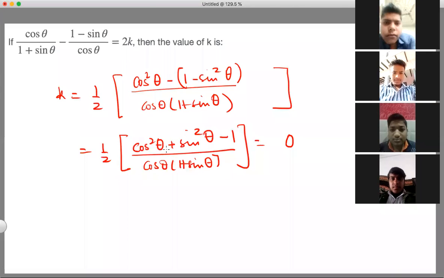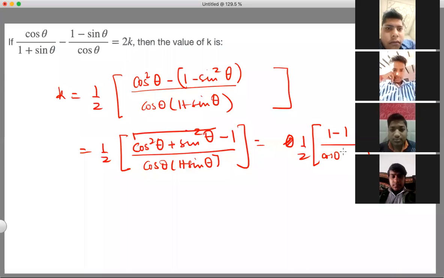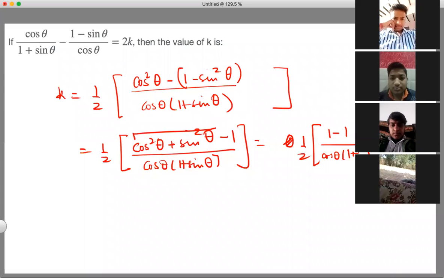Obviously in the exam you have to show one more step, which is half of 1 minus 1 over the denominator. You should write that, don't miss out that step, and then 0. Fine.